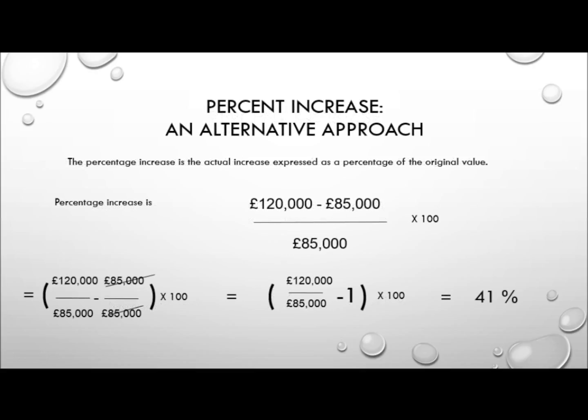Again, you might see it expressed as the new value divided by the old value minus 1, all times by 100. Again, just as with the percentage decrease, we can show that the two approaches are mathematically identical.